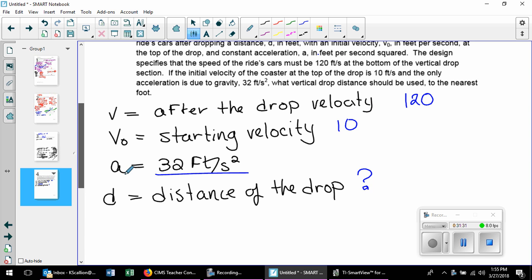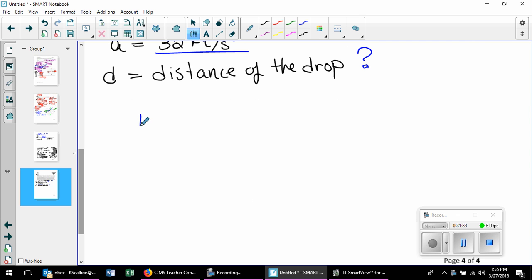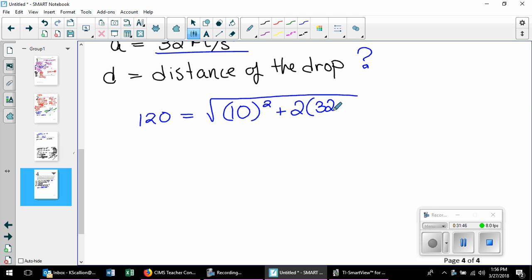So we're going to fill in what we know. So 120 equals the square root of 10 squared plus 2 times 32 times d.